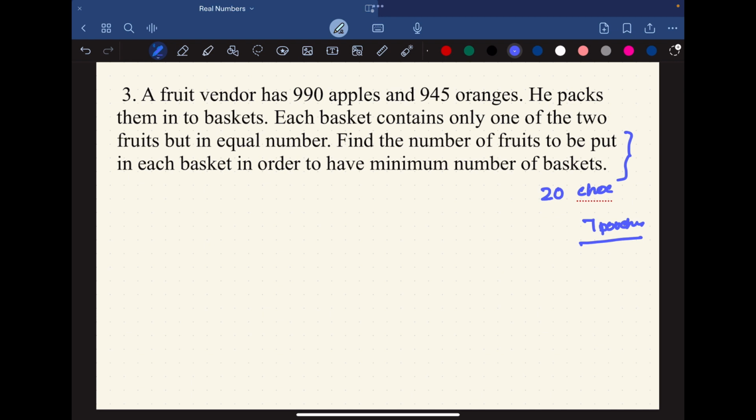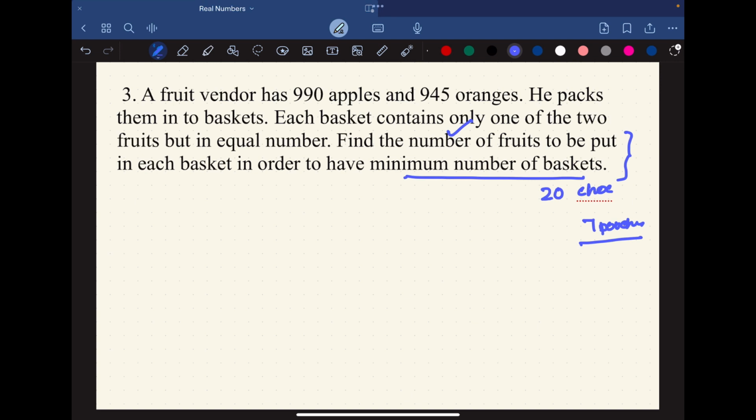So if you want to use very few pouches, you will fill the maximum chocolates in each pouch, right? Same like that, here we need to take a minimum number of baskets. So the maximum number of fruits will be put in each basket so that the number of baskets can be less.